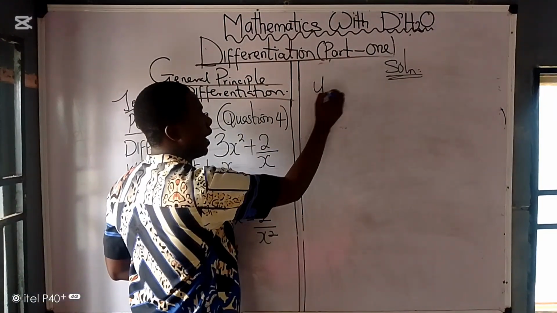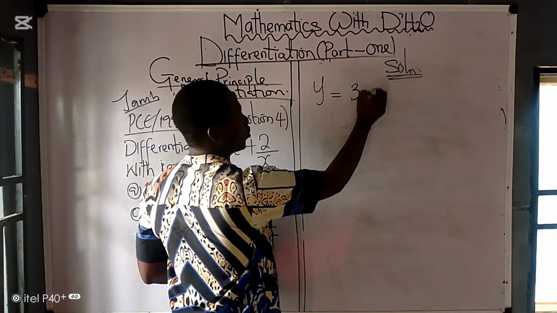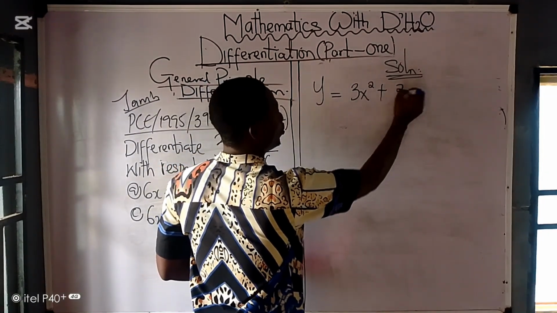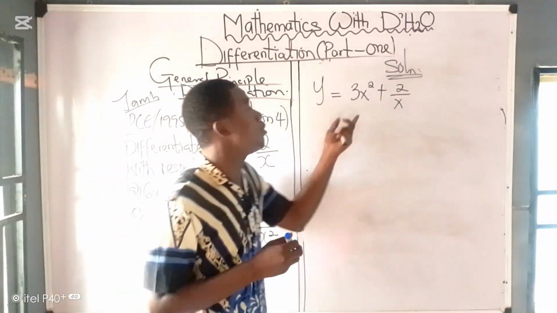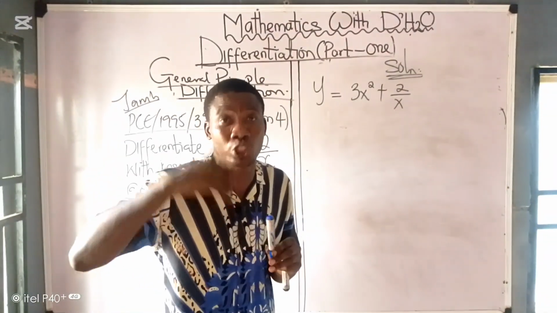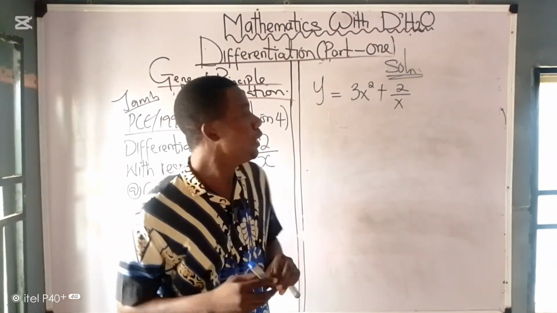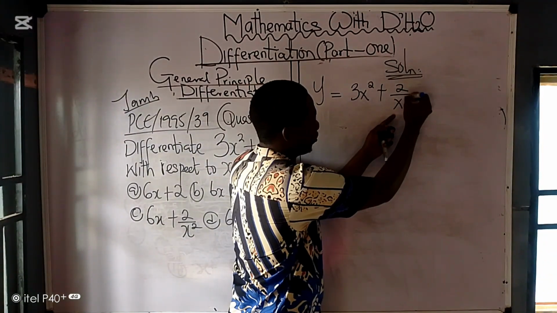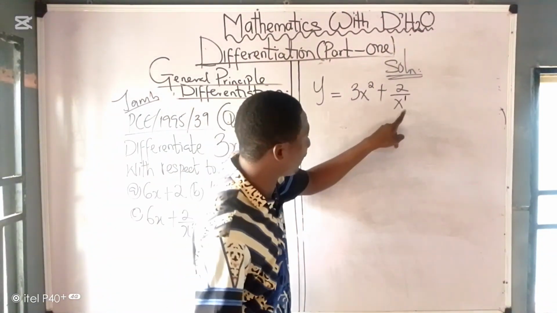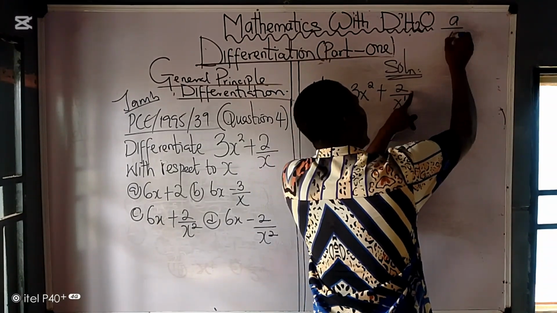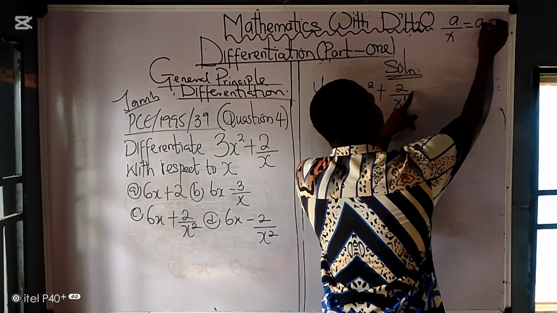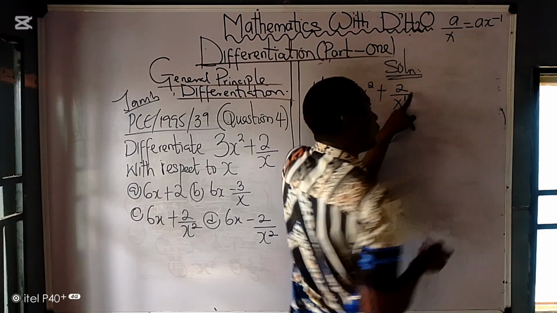If we have y equals 3x squared plus 2 over x. Now, I've told you before that whenever you have a complex problem, make sure you simplify before differentiating. Now, this x here is raised to the power of 1. If this x goes up, for instance, if I have a over x, it is the same thing as a x raised to the power of minus 1.